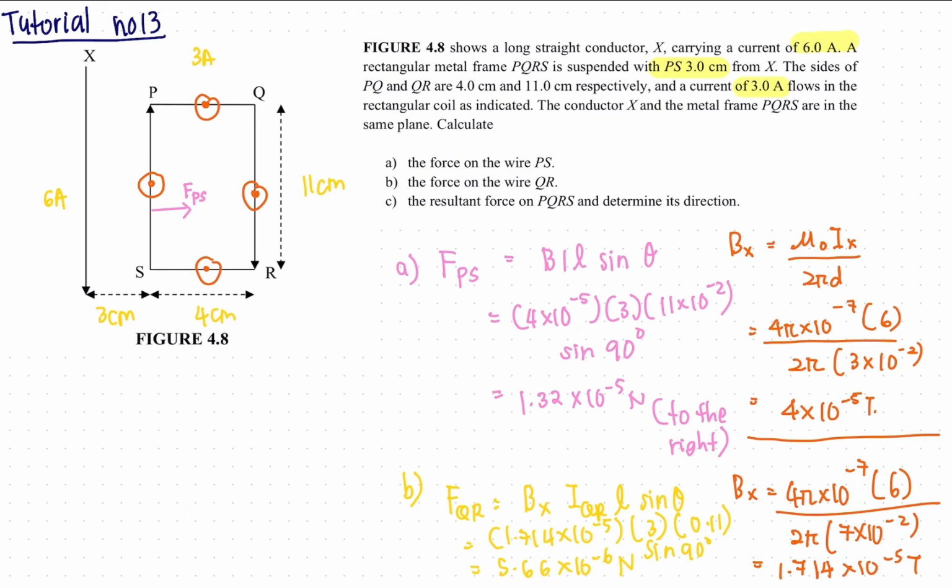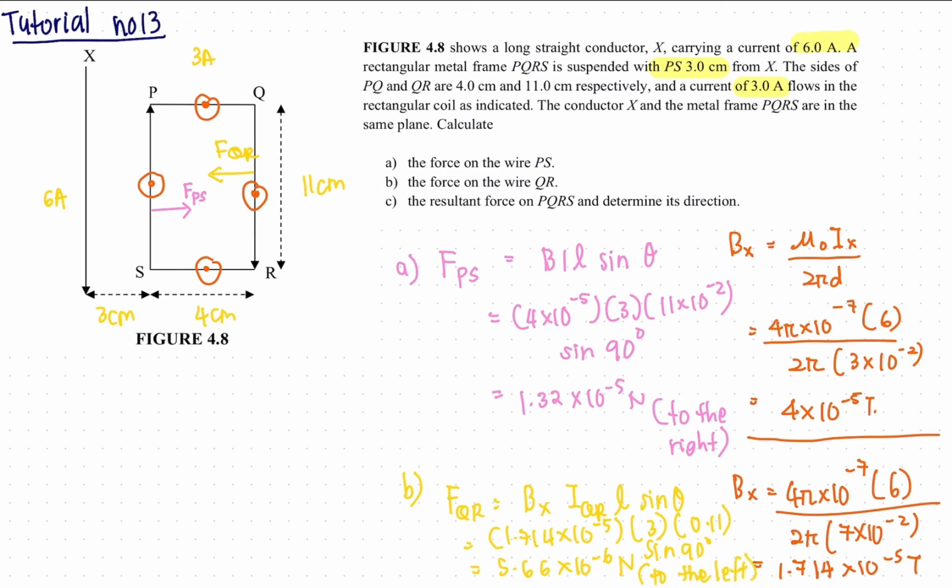Okay, look at the diagram here. We want to find the thumb. Your fingers will be directed downwards, following the direction of I. Then your palm is facing outwards, out of the page. Then where is your thumb? To the left. So this is FQR, to the left.